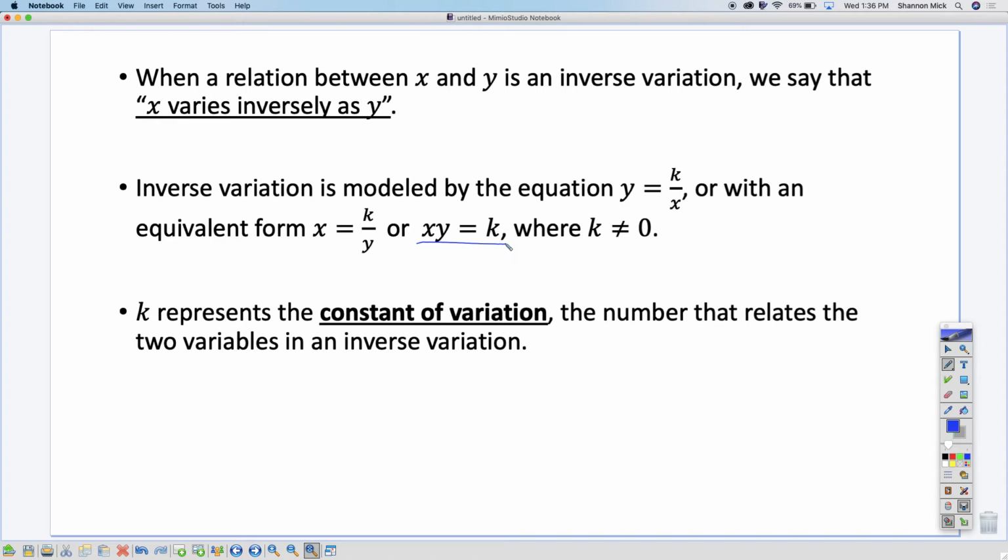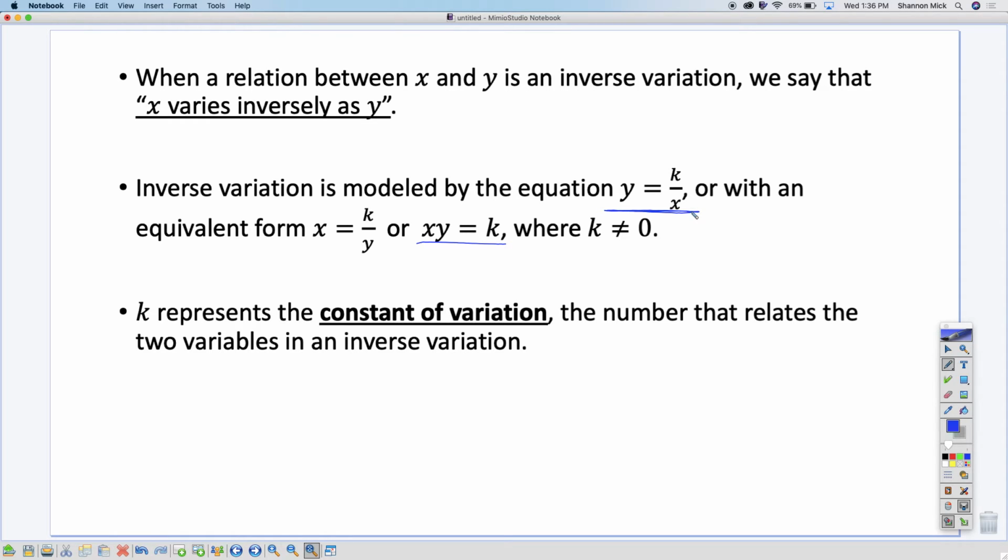Well, we don't write equations x times y equals k, do we? It's usually y equals. So if I had x times y equals k, to solve for y I would divide by x. So when it's looking for an equation, it's y equals k over x, and k is that constant of variation.